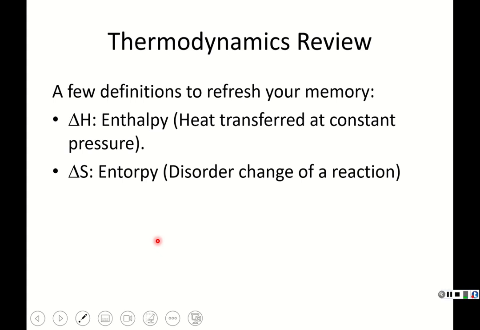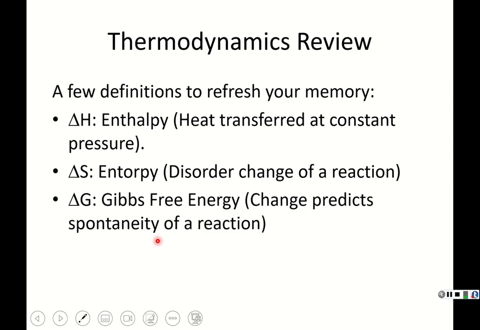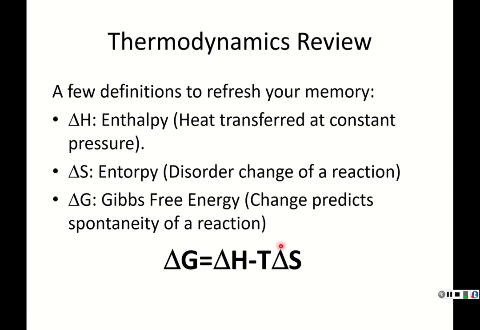So in our reaction, is the disorder increasing with the reaction or decreasing? And finally, delta G is the free energy, and this is what predicts the spontaneity of a reaction. For a spontaneous reaction, delta G will be negative, and for a non-spontaneous reaction, delta G will be positive. And it's governed by this expression, delta G = delta H minus T delta S. Hopefully you all remember that equation.